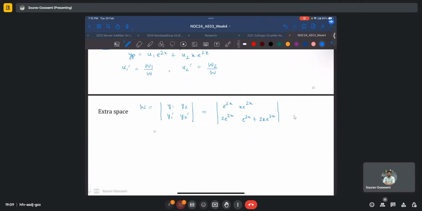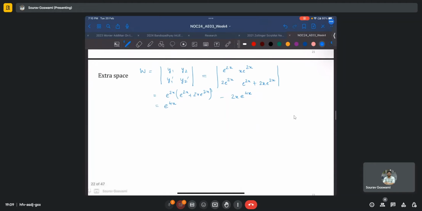This turns out to be e power 2x times (e power 2x plus 2x e power 2x) minus twice x e power 4x, and leaves e power 4x.